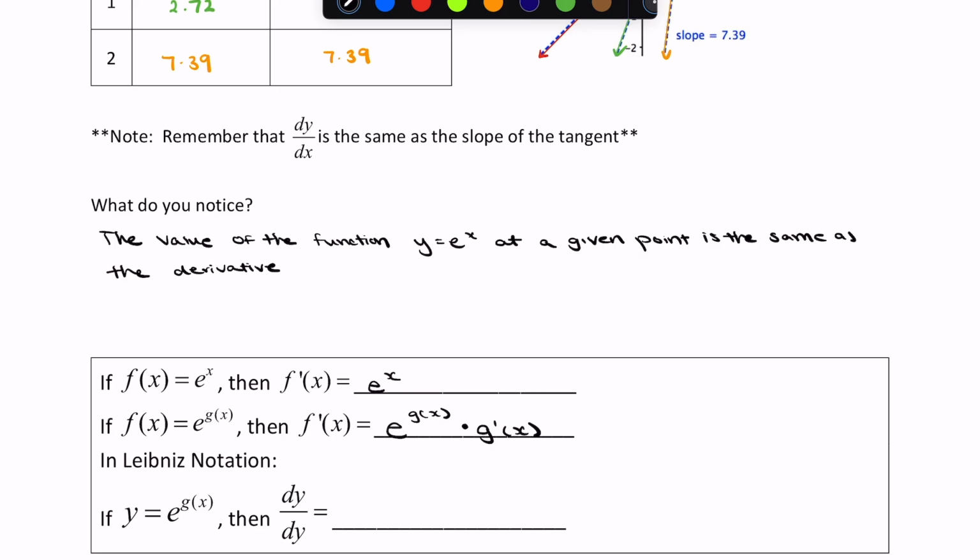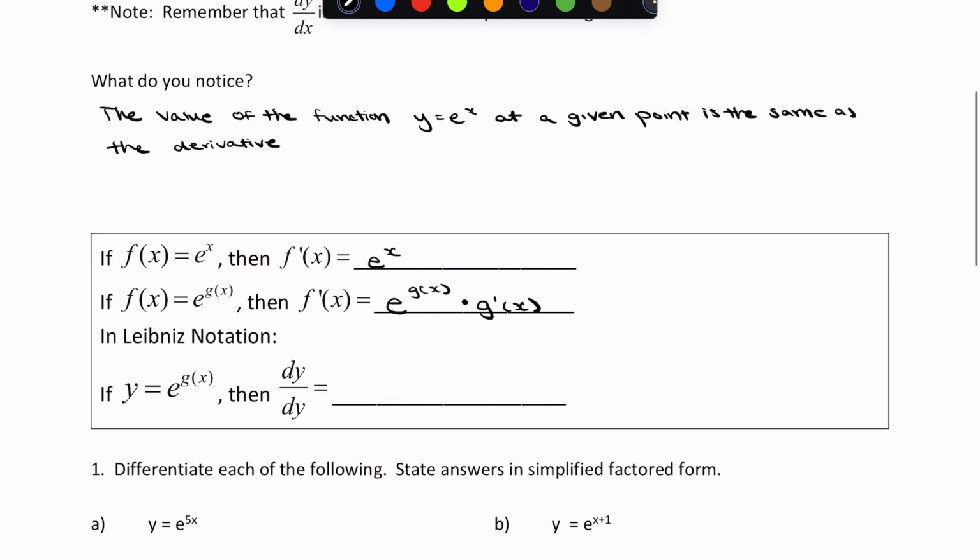In Leibniz notation, if y is equal to e to the power of g of x, then dy over dx is equal to d over dx of e to the power of g of x times d over dx of g of x.